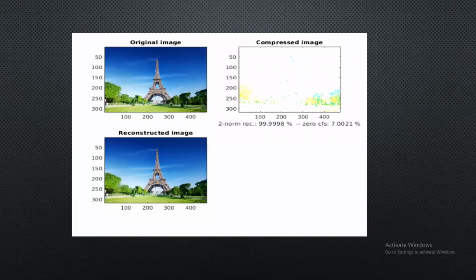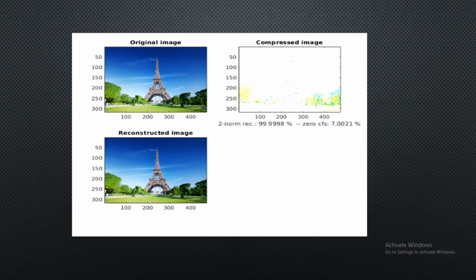So as we see, these are the three images that we are using for the analysis. The first one is the input image, a high definition clarity image, but with a higher size. Now we compress the image to a lower size, so we see a lot of distortion and quality deterioration in the image.